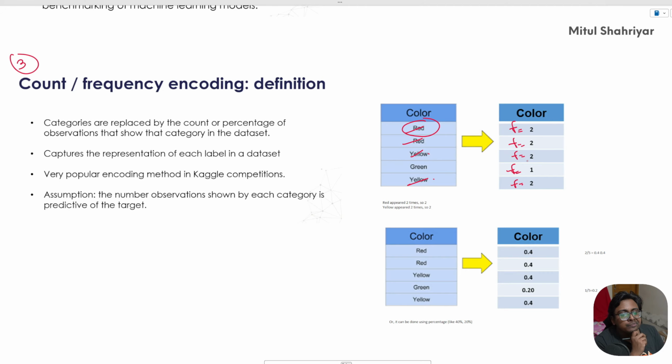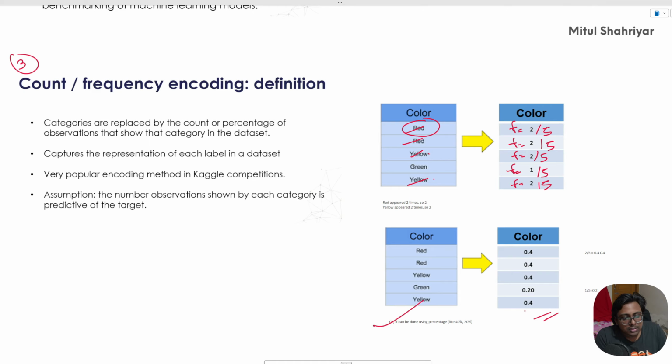Now what this basic technique does is, you can see we have how many numbers? 1, 2, 3, 4, 5, right? So 2 is divided by 5, 2 is divided by 5, 2 is divided by 5, 1 is divided by 5, 1 is divided by 5. And that is what we get: 0.4, 0.4, 0.4, 0.2, 0.4.